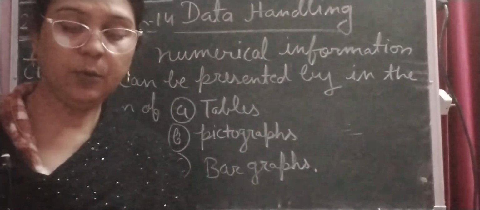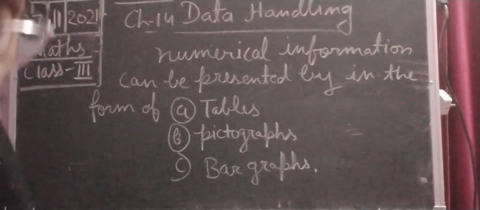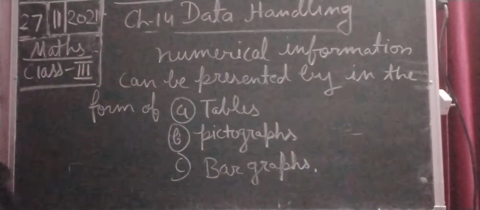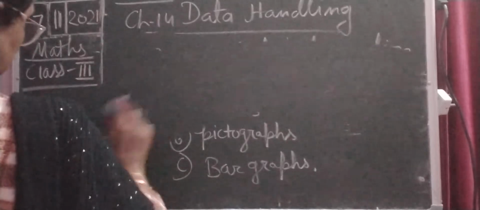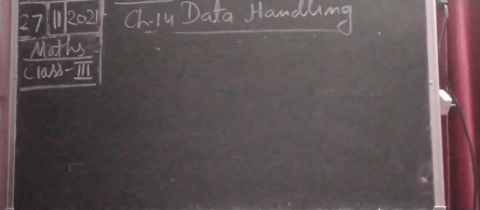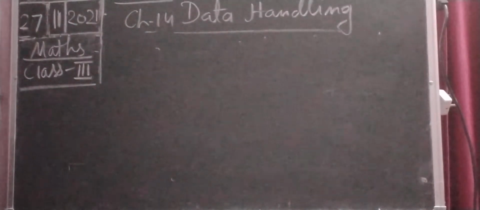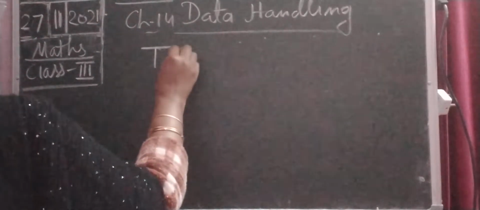So children, I am going to tell you about tallies and vertical bars, how can we create? Because we have to show the table, we have to show the data. So how can we create? So first of all, tallies.